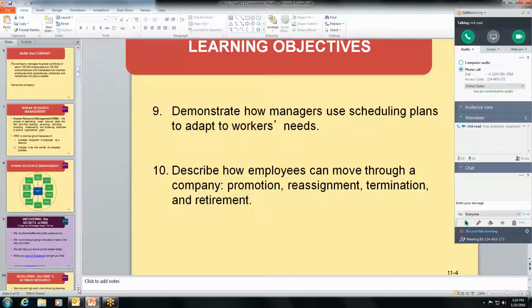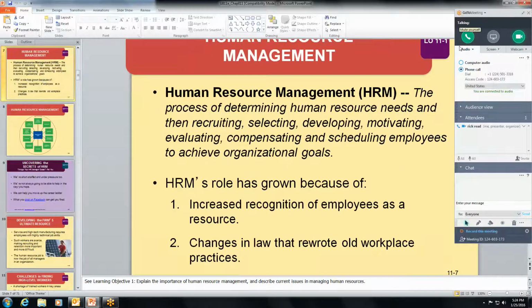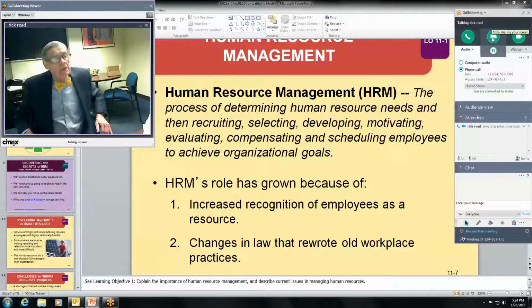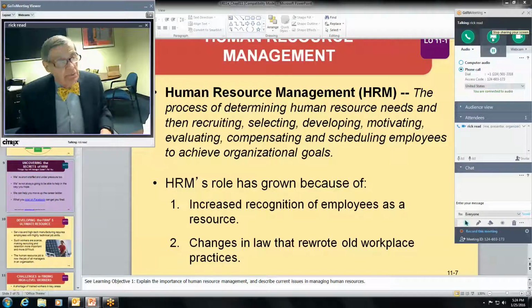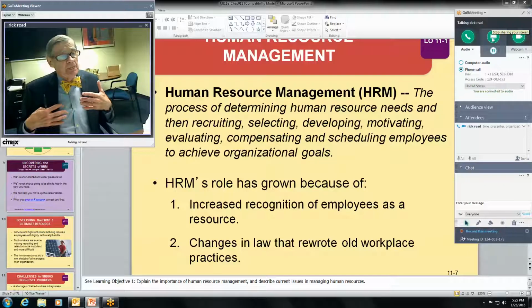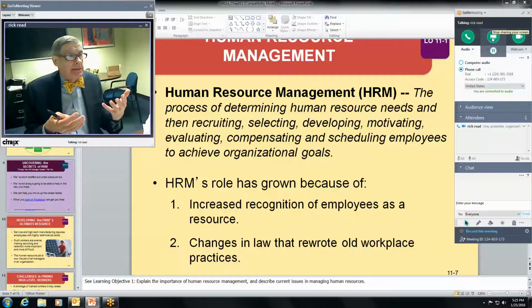Human resource management, very important. The role of human resource management, especially in large companies, has increased today, that we're paying more attention to that. And human resource management is also really projecting at the beginning the needs the company has, not only for today, but in the future.